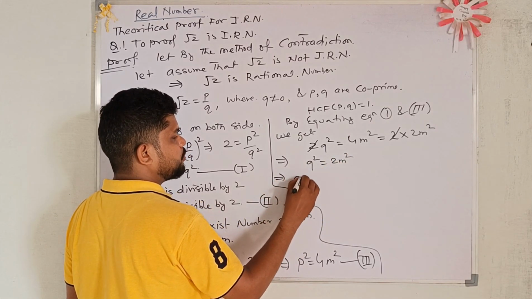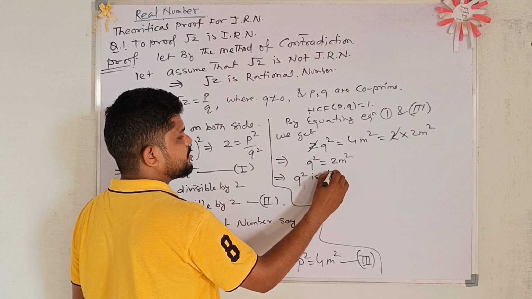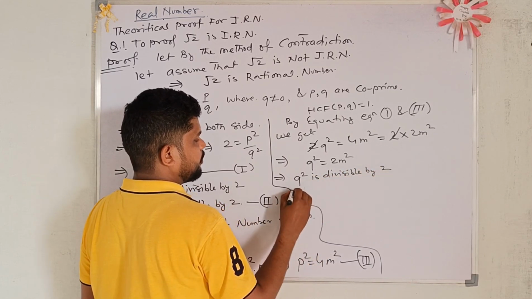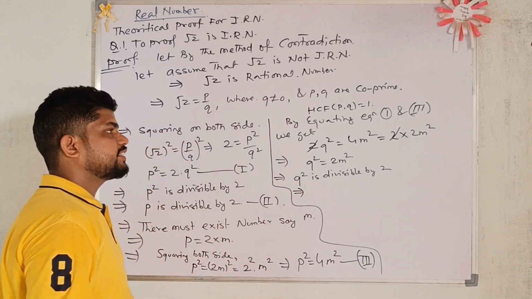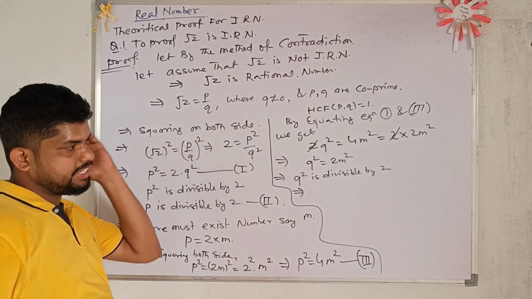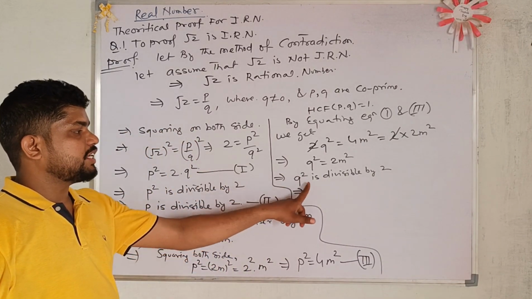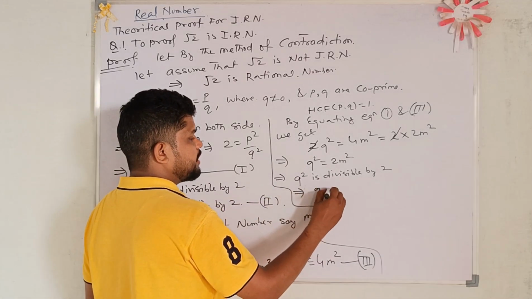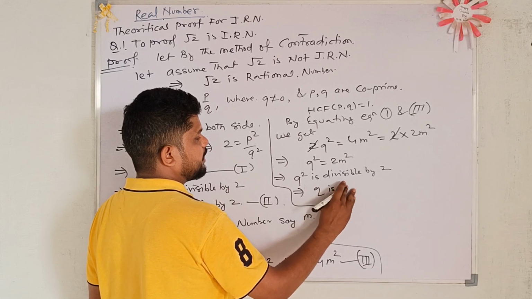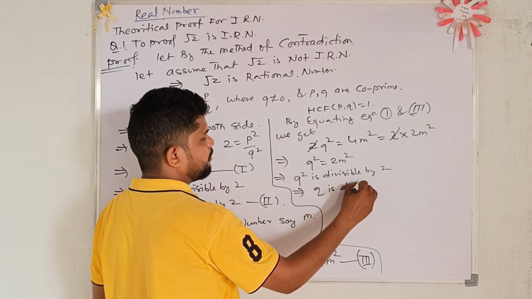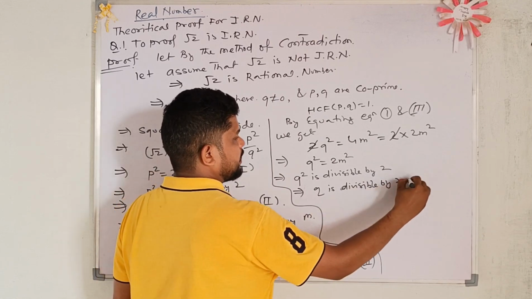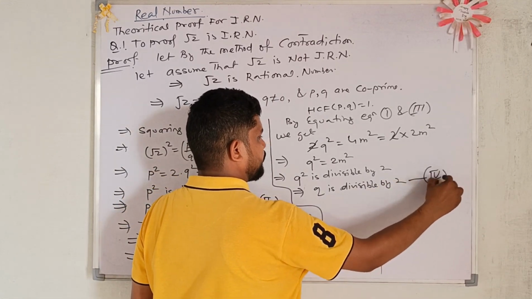Here we can say that q square is divisible by 2, and by using the same lemma that we have just studied, if q square is divisible by 2, then q is also divisible by 2. Let us take this as equation number 4.